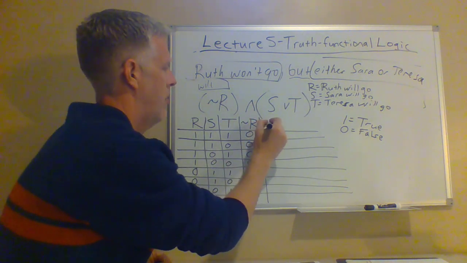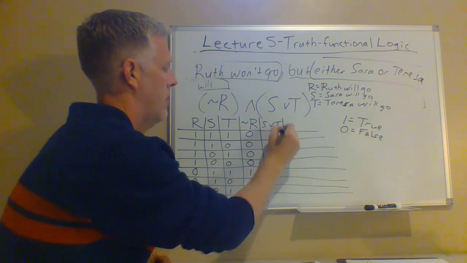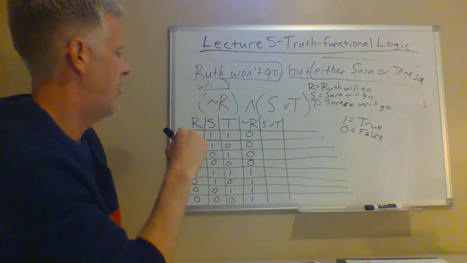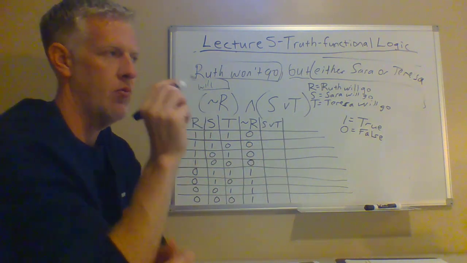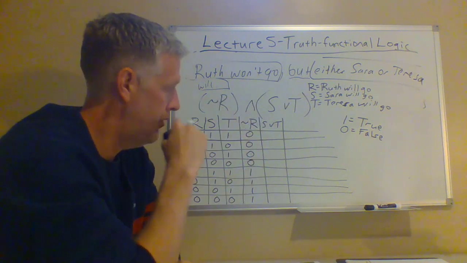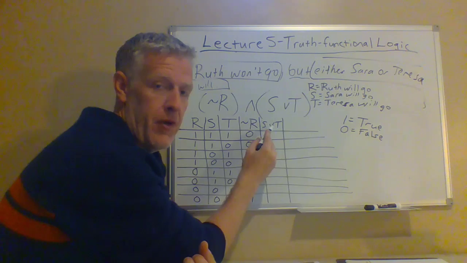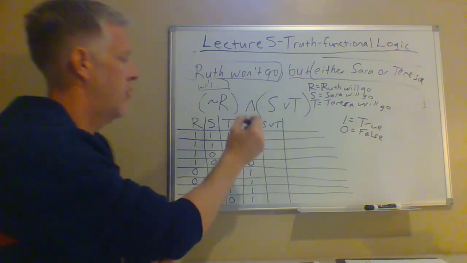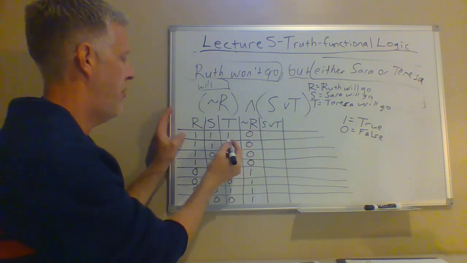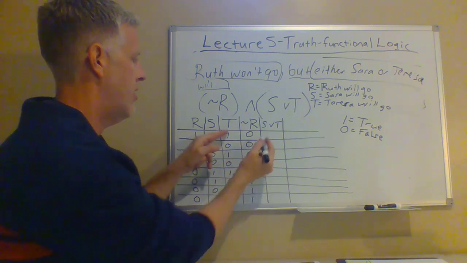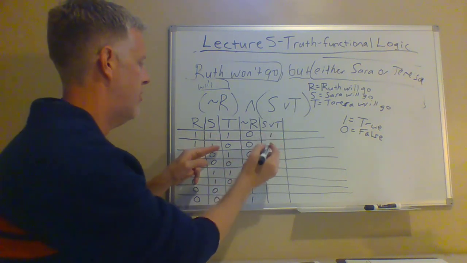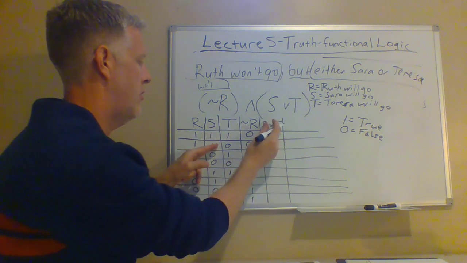So S or T. Okay? So remember, it's hard to call the person a liar that's offering a disjunction. The only scenario in which this as a whole is going to be false is if both of these are false. So long as S or T is true, the whole thing is going to be true. So S or T, both are true, so this is true. S is true, so this is true.